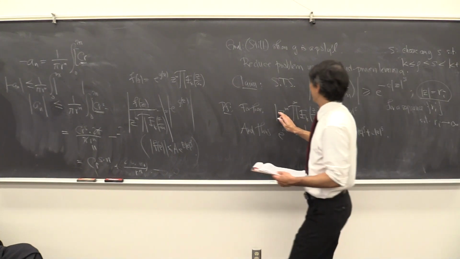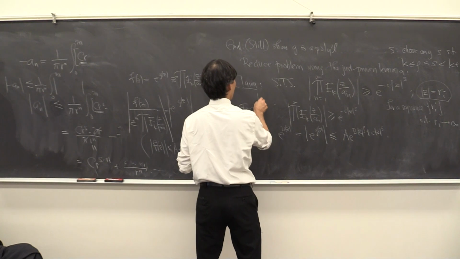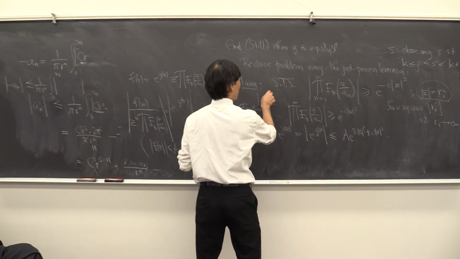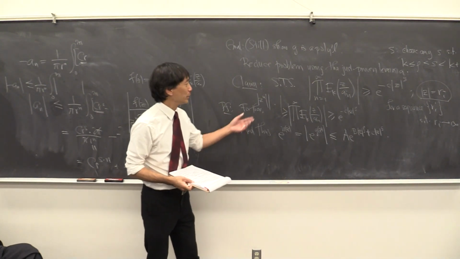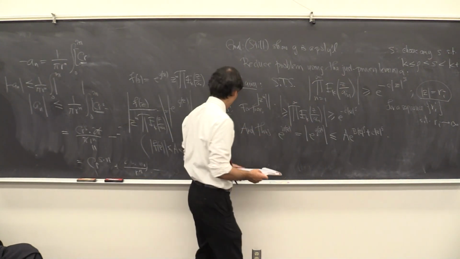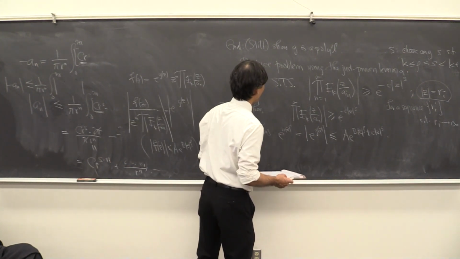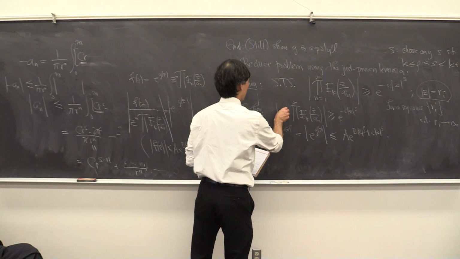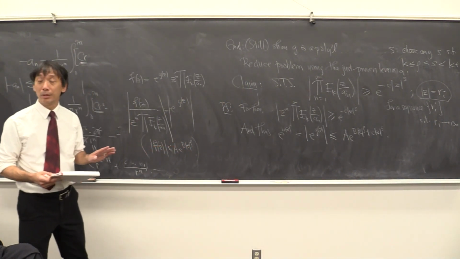So z to the m times that guy is certainly bigger than that guy. So we can definitely throw in a z to the m.